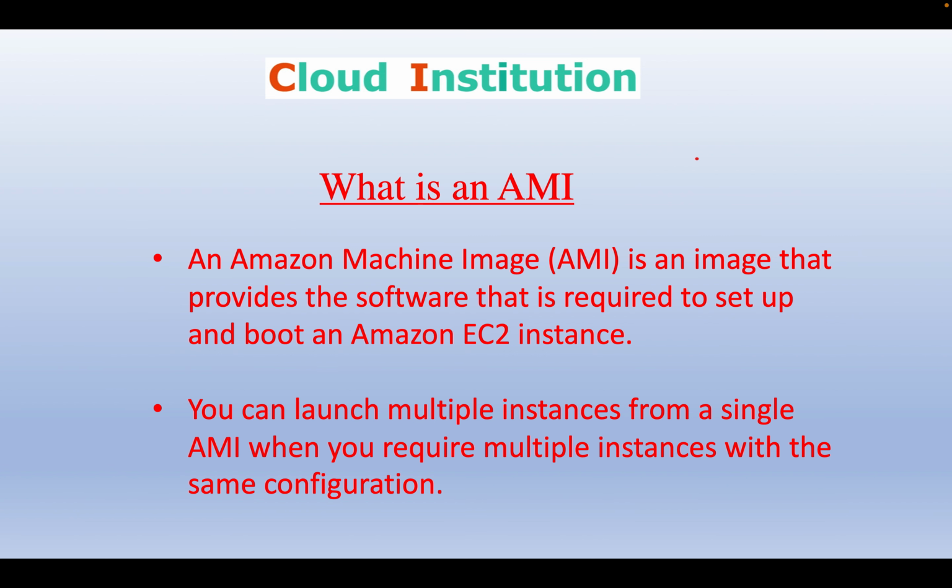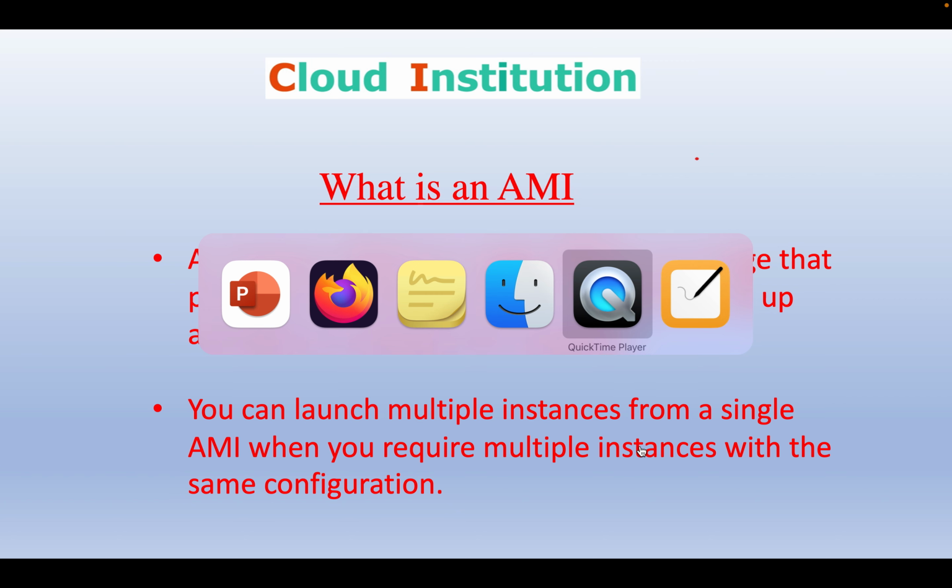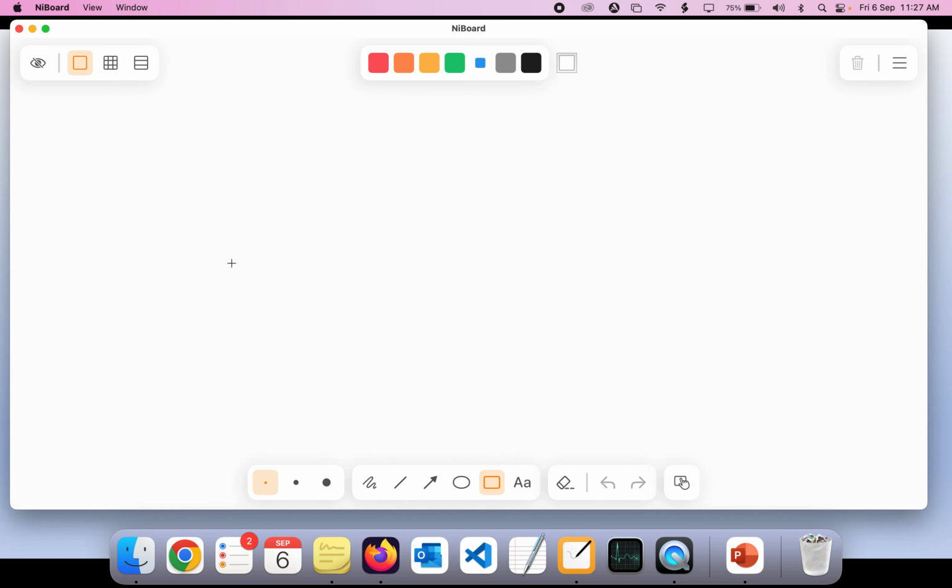As a demo, we are going to create one base instance. On this instance we are going to install HTTPD, then start and enable HTTPD, and place a simple HTML file.